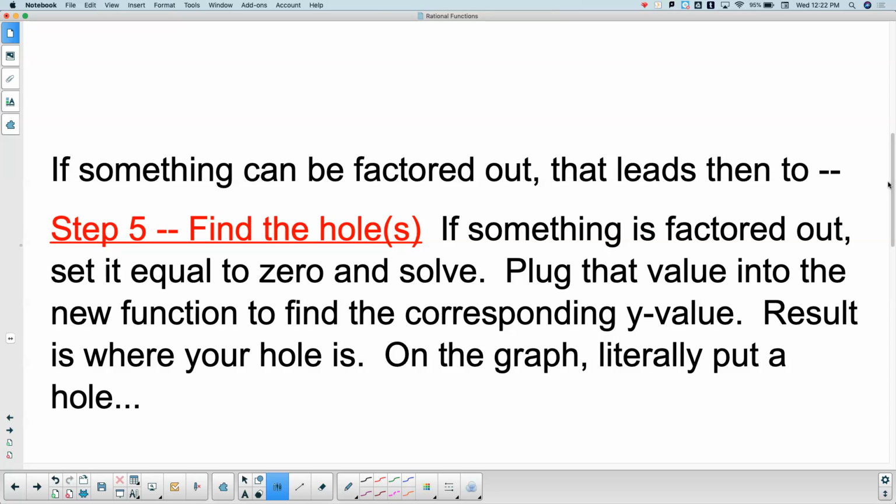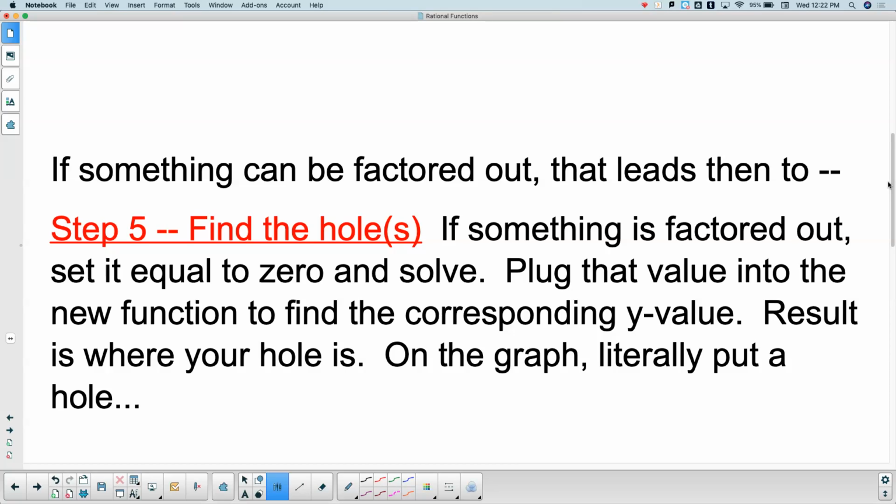Step number 5 says, if something can be factored out in step 0, then that creates a hole. So if something is factored out, we set it equal to 0, and we solve that mini equation. We then plug that value back into our new function, our factored function, if you will, and we find its corresponding y value.